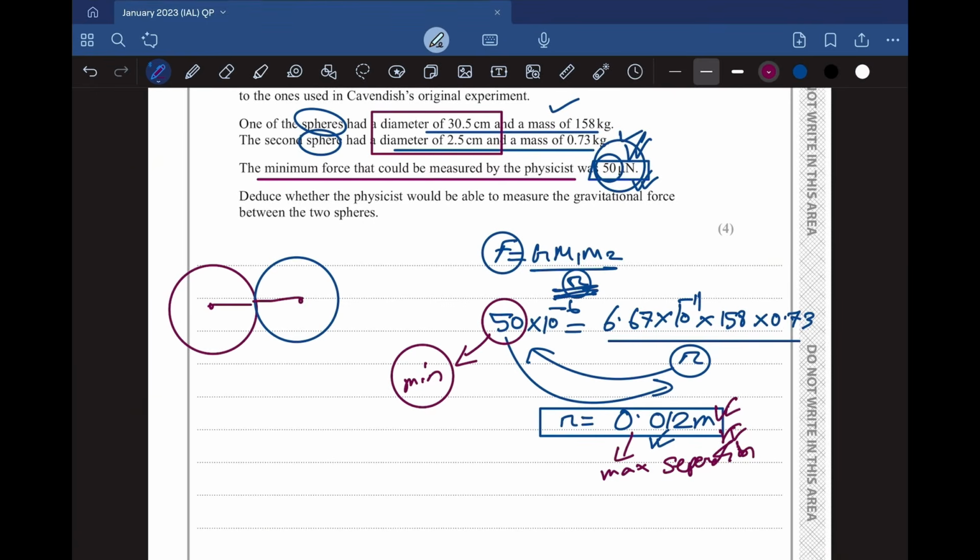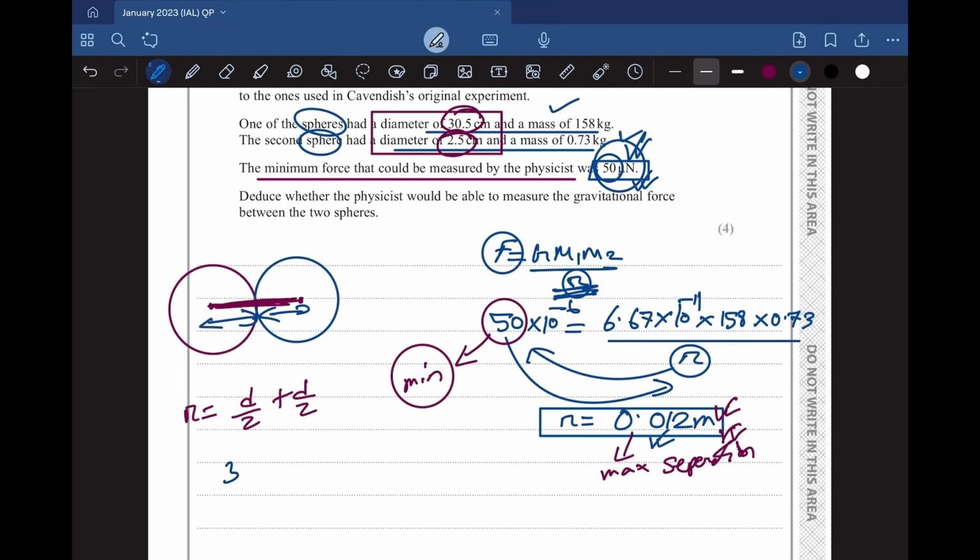They have given us the diameter, so we'll have to divide it by 2, and we will have to add both of them to get the maximum separation between these two spheres. So the separation will be equal to diameter divided by 2 plus the diameter divided by 2 of both these ones, this value as well as this value. This is the maximum separation between their centers, right?